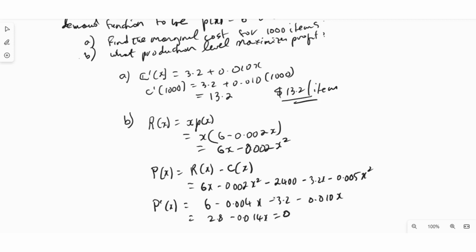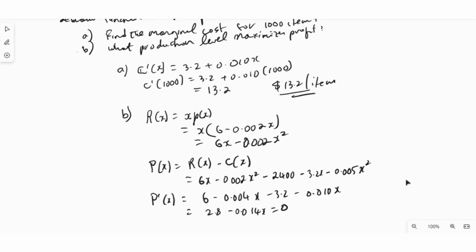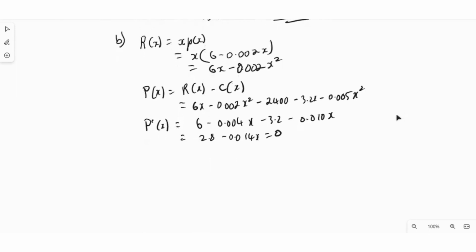So in other words, to find maximum profit, the marginal revenue must be equal to the marginal cost. So I solve this one here. 2.8 is equal to 0.014x. Therefore, x equals 2.8 divided by 0.014, which is 200.